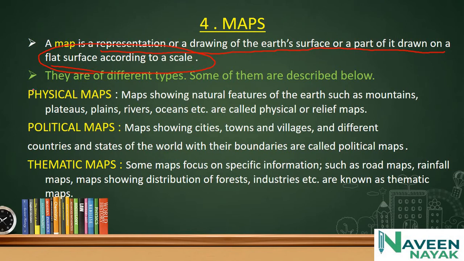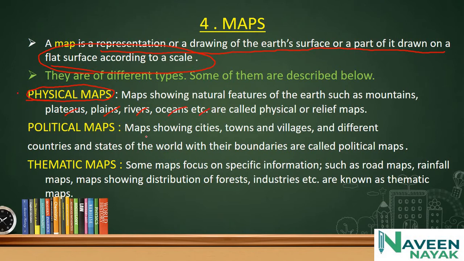There are three types, and the first one is physical maps. Maps showing natural features of the earth such as mountains, plateaus, plains, rivers, oceans, etc. are called physical or relief maps.